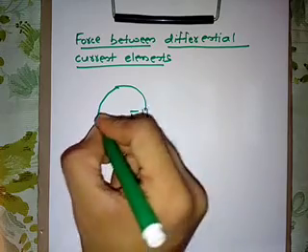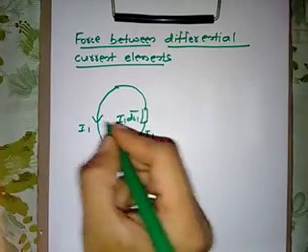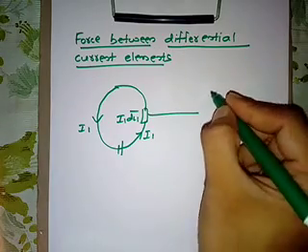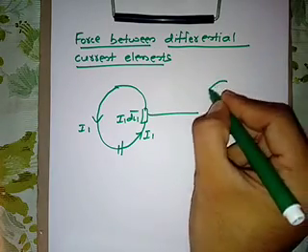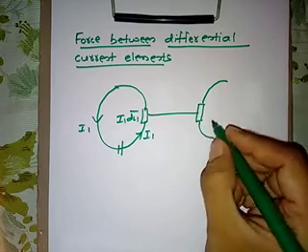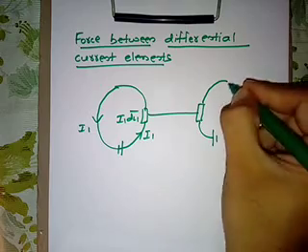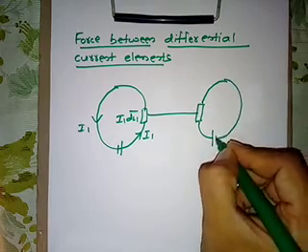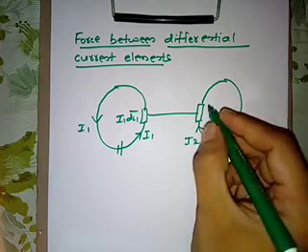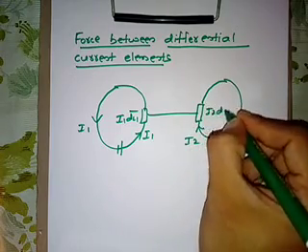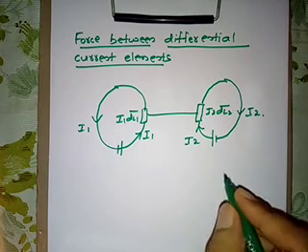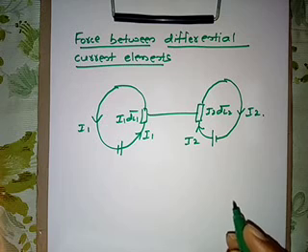Then the next current element we are considering, again with the same current direction, positive to negative. This is I2 dl2 bar, with current I2 flowing from positive to negative, right?